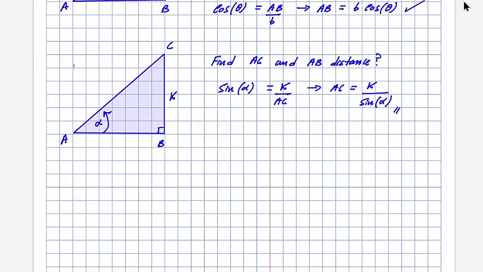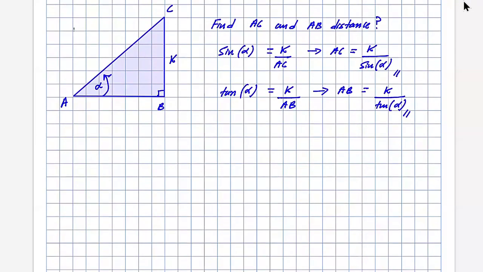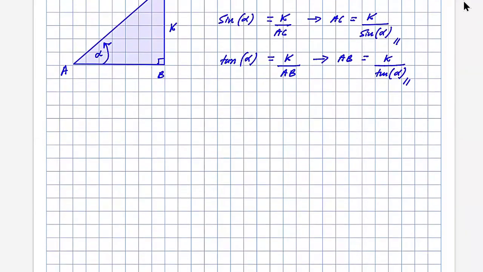But I'm going to use tan. Let's see, what is tan alpha? Opposite divided by adjacent. This is AB. Got it? So from here, you can find AB. AB is going to be K divided by tan alpha. So that's how you find it. Right?